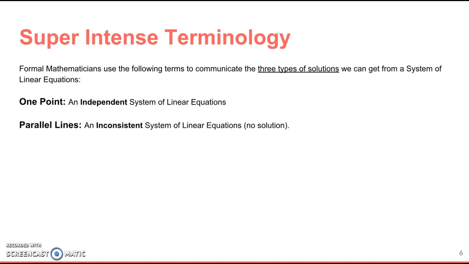You can also get parallel lines, in which case we call this an inconsistent system of linear equations, where there's no solution. And lastly, you can have the same line, which is called a dependent system of linear equations, where there are infinitely many solutions.